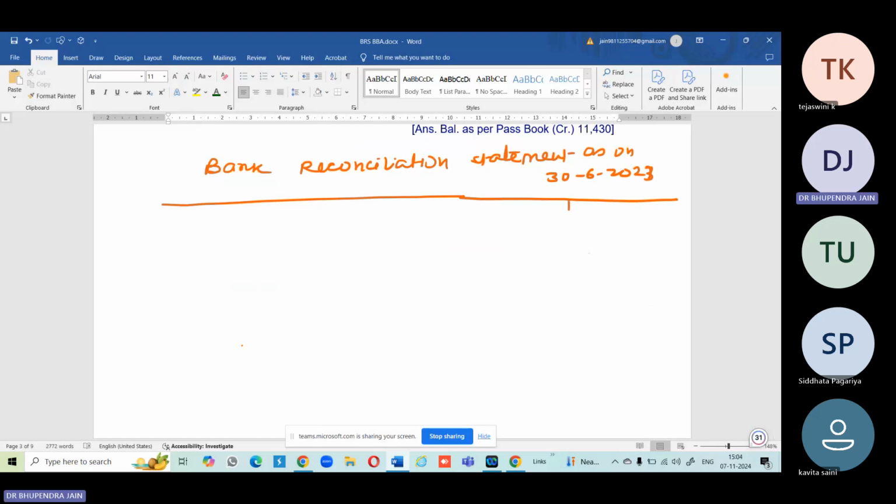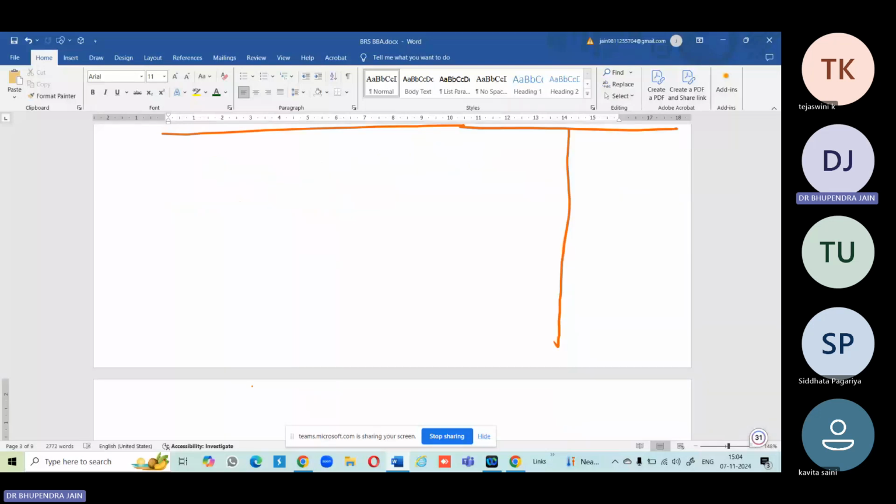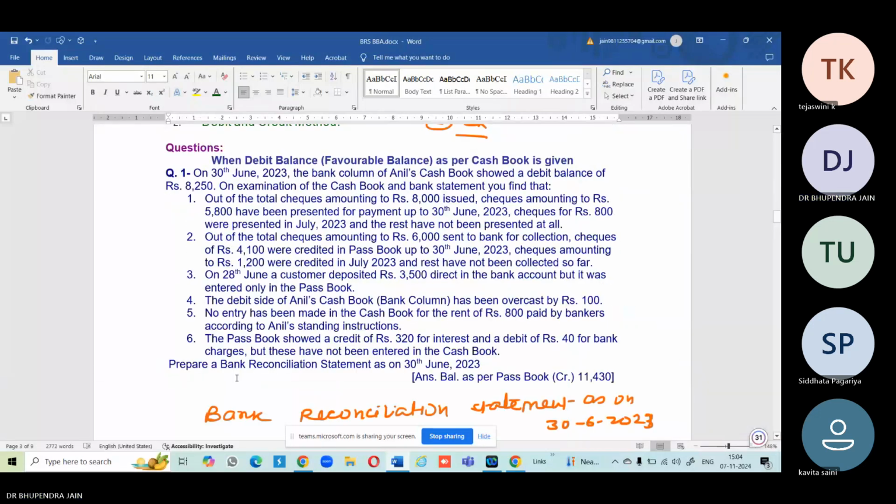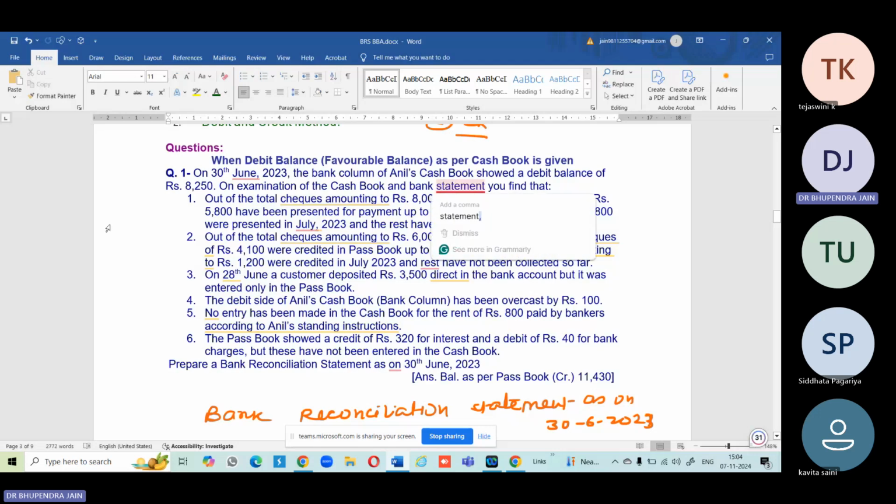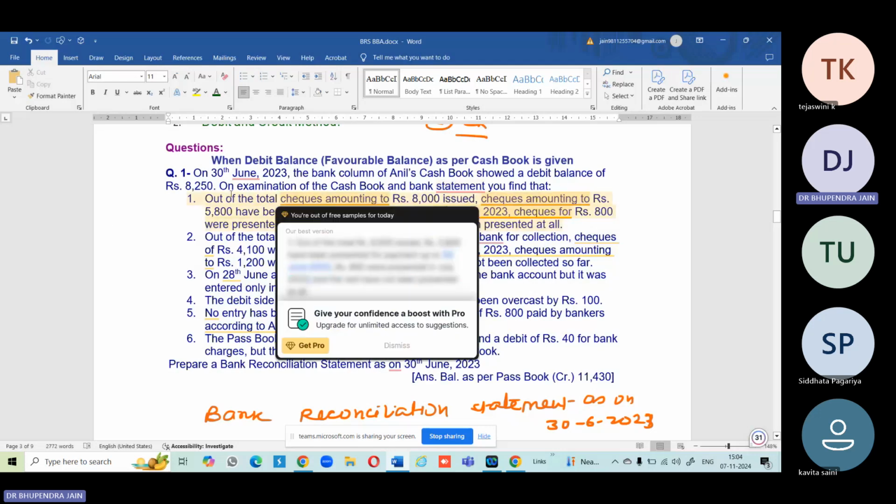I am first just solving the question using the addition and subtraction method. Then in the next question we will solve using the assets and liability method. Now read the question. On 30th June 2023, the bank column of Anil's cash book shows a debit balance of rupees 8250.